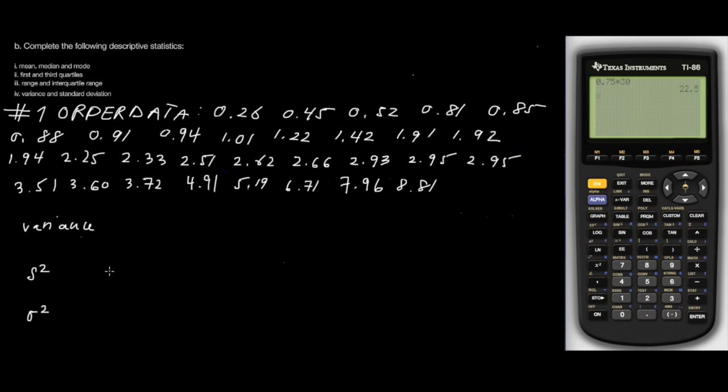It's a sample of size 30. It is not a population. So for samples, we will use s. And for populations, we will use sigma. So I'll just write it here real quick. So population and samples, okay? So just make sure you grab the right one because notation is important.